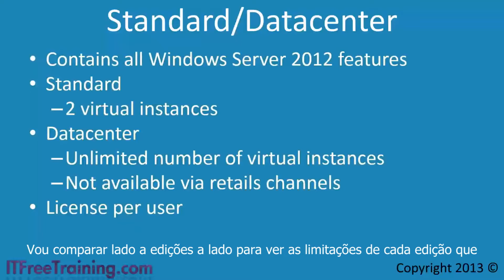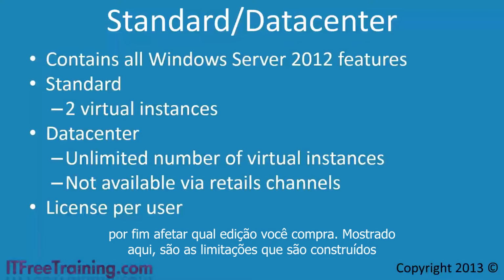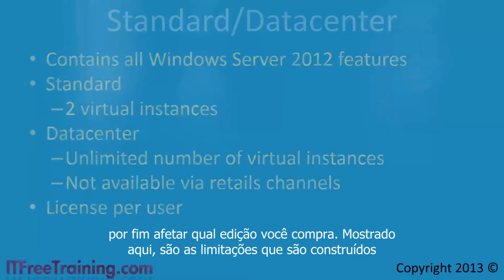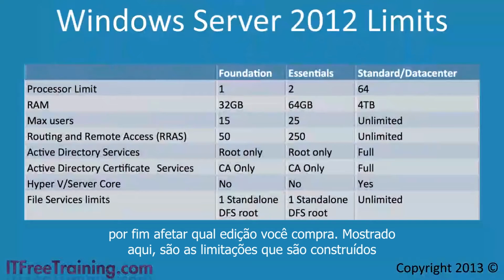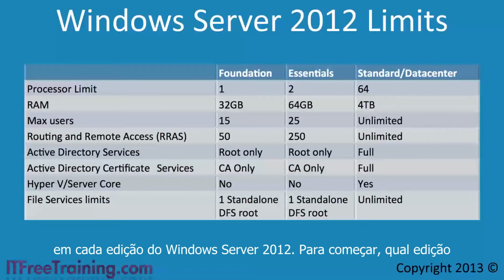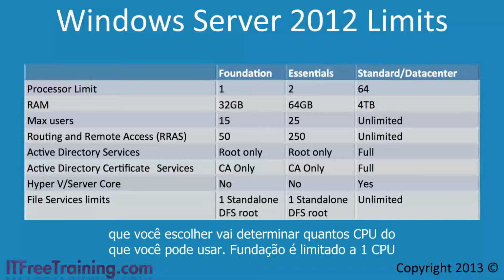Next, I will compare the editions side by side to see the limitations of each edition, which ultimately affect which edition you purchase. Shown here are the limitations that are built into each edition of Windows Server 2012. To start with, which edition you choose will be determined by how many CPUs you can use.